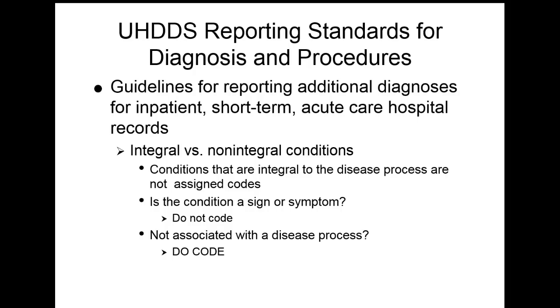But the headache is not reported because it is symptomatic of or integral to the metastatic brain cancer. So in this instance, they're determining that these headaches are integral to the brain cancer and that the headache will not be coded separately.